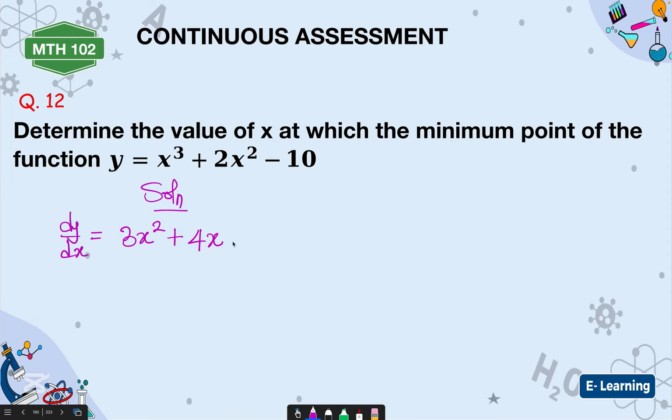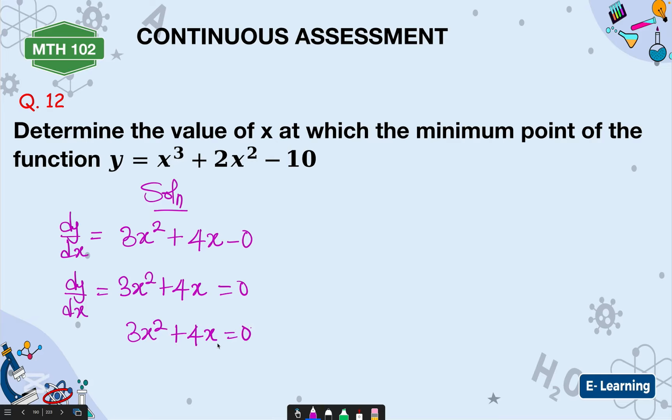When you differentiate 10, it's going to give us 0. So the dy/dx is 3x squared plus 4x. Now this must be equal to 0 for us to calculate the minimum point. So 3x squared plus 4x is equal to 0.